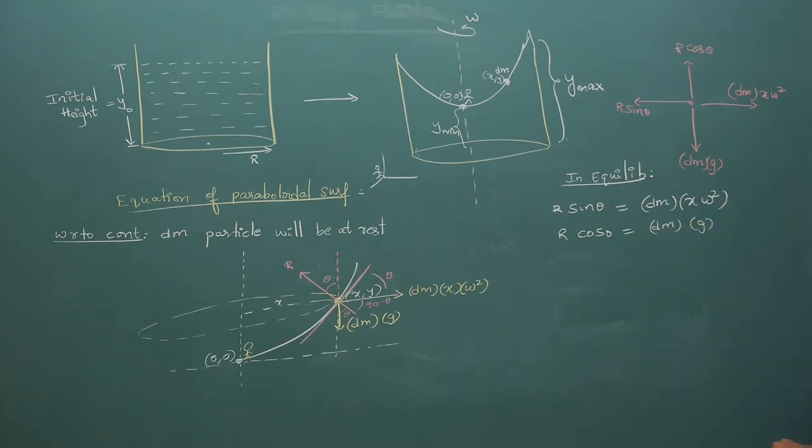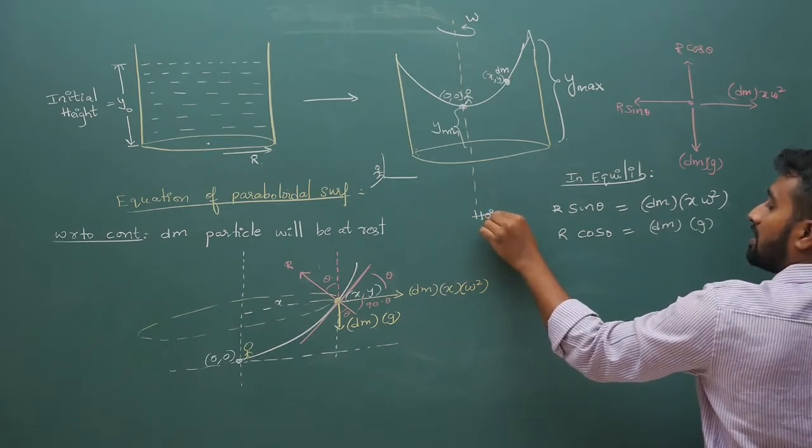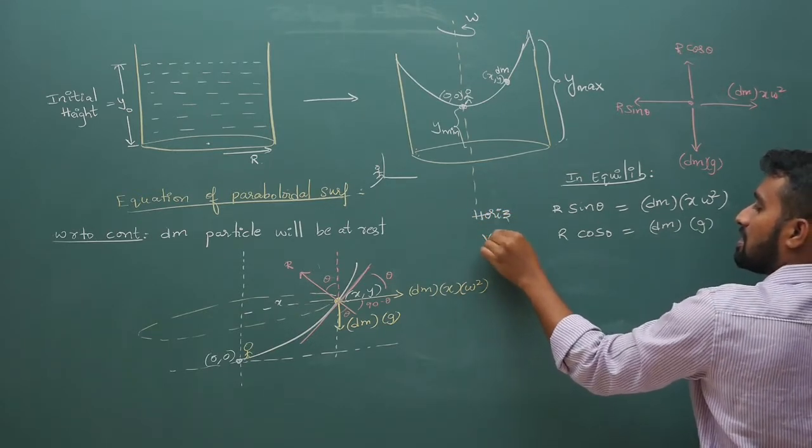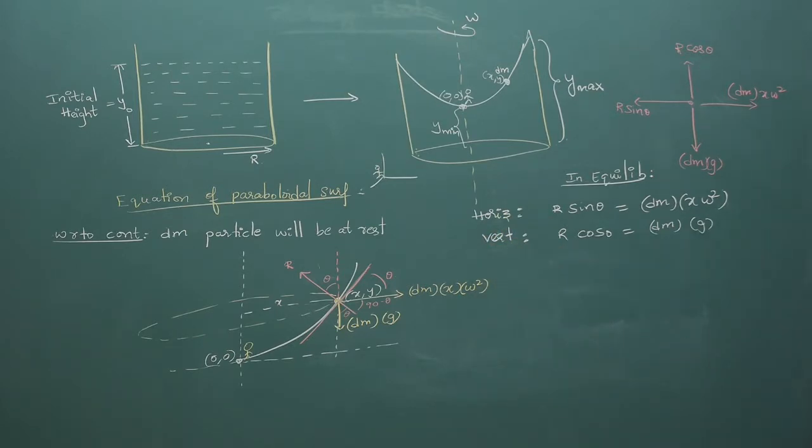Dividing these two equations, this is in the horizontal direction, this is in the vertical direction. I am making net force 0 in the horizontal and vertical directions.